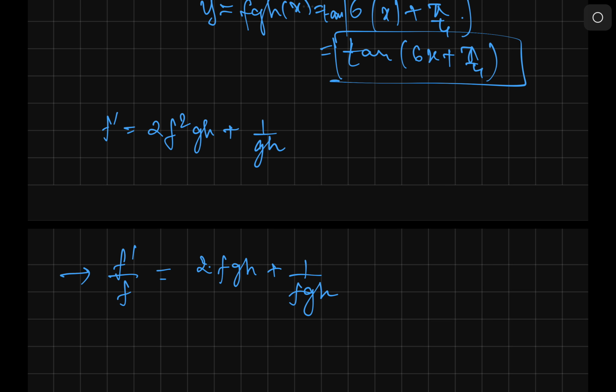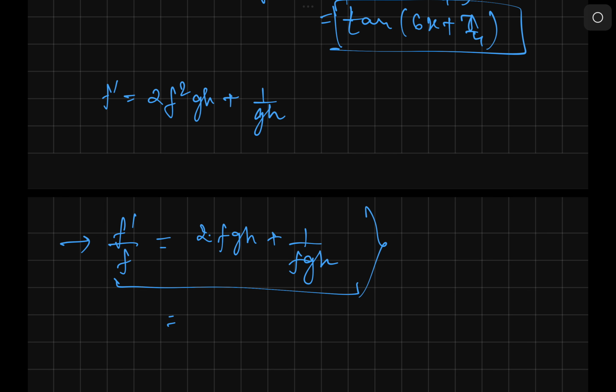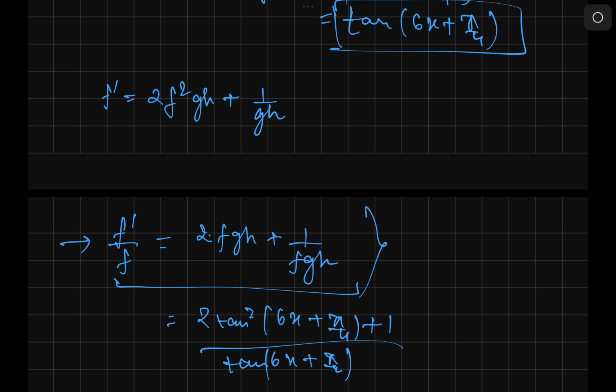And if you found this, well, this was the only thing that you actually needed to think about, maybe. So if you thought about this, then the question is simply over, because this is just 2 tan square (6x plus pi by 4) plus 1 upon tan (6x plus pi by 4), right?